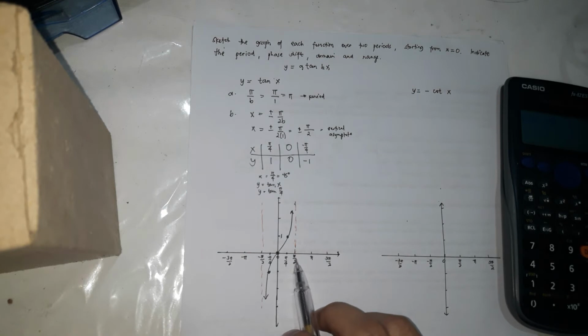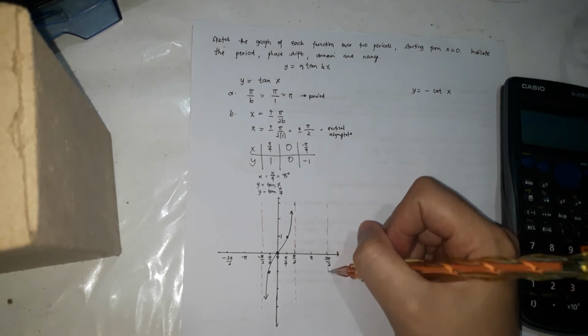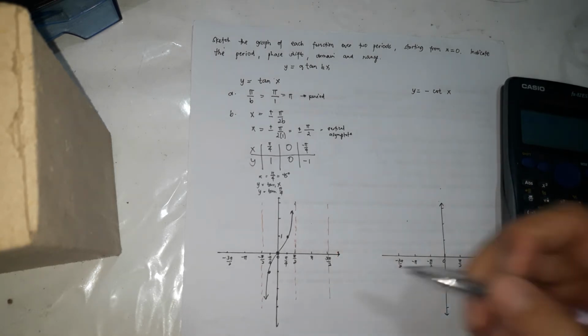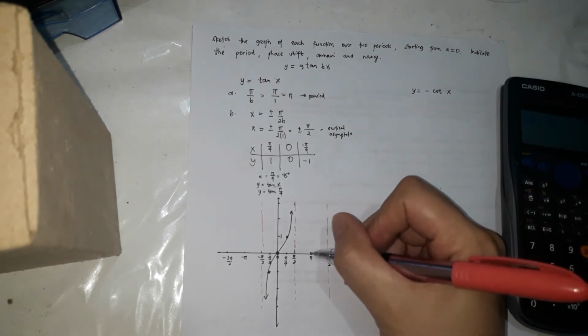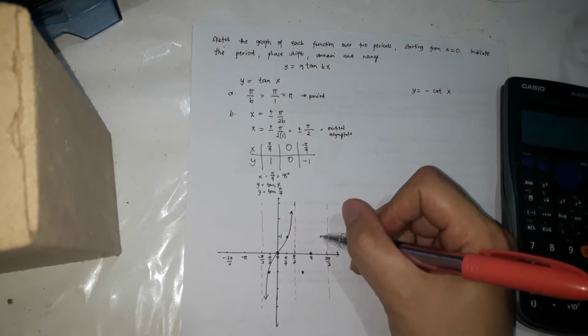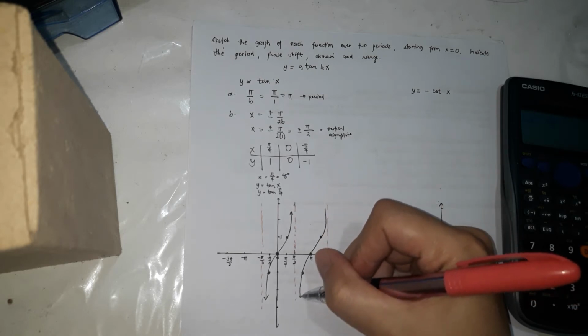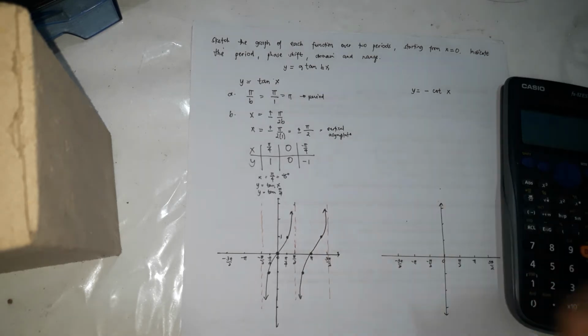For the second period, it is the same interval, the same distance. So that's the graph of y equals tangent x over 2 periods.